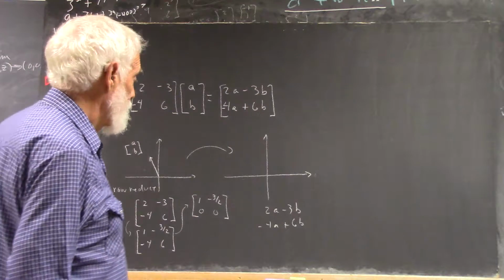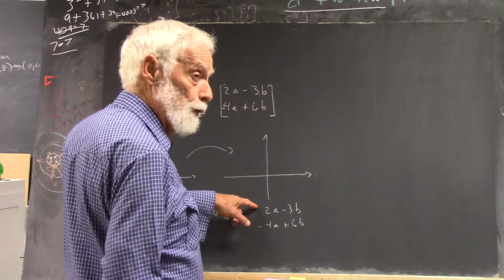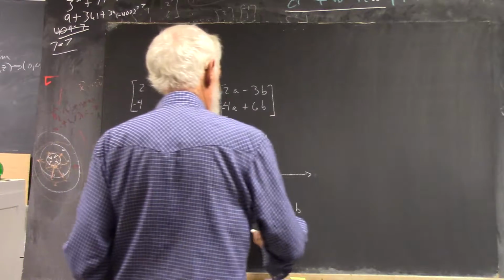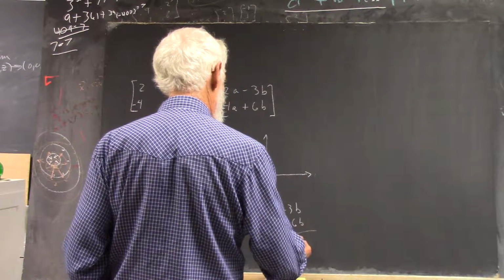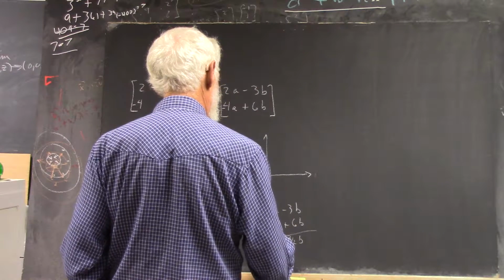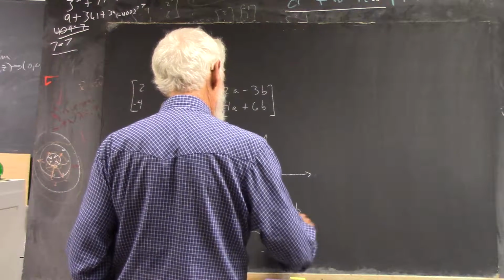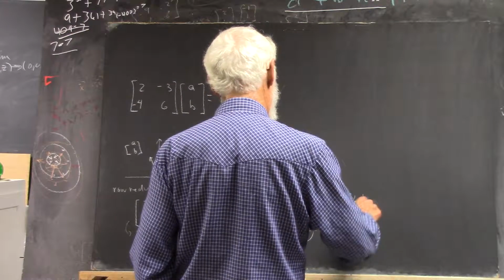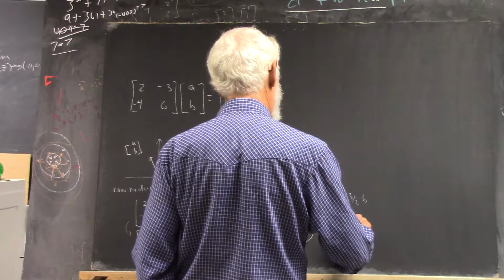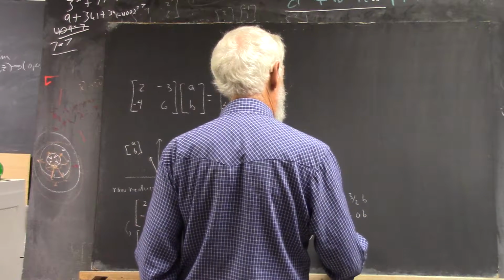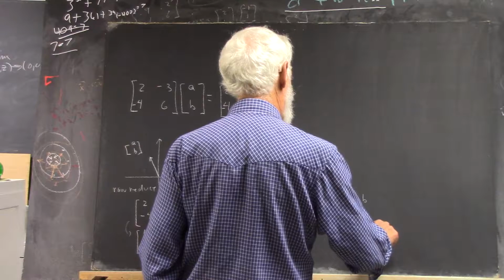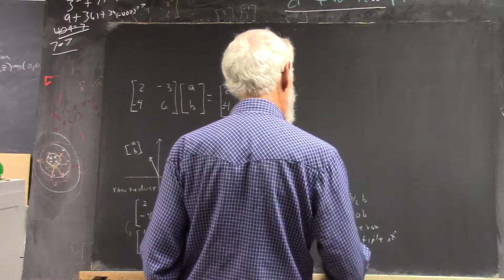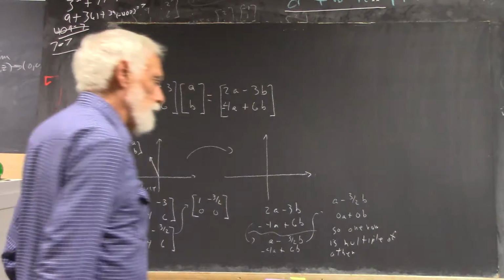If I divide this by 2 and then add 4 times this to this, I get 0, right? So one row is a multiple of the other.